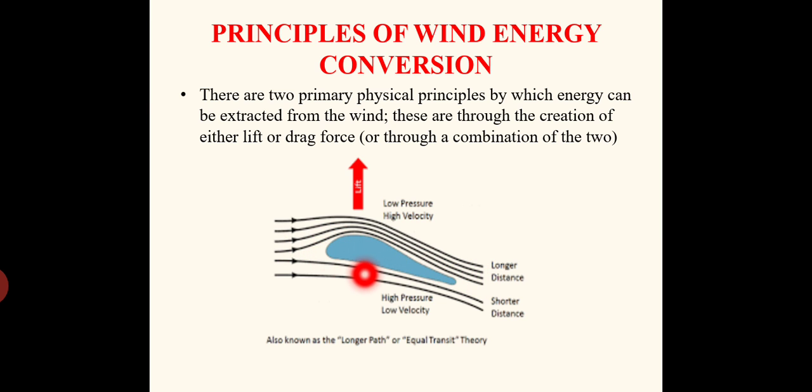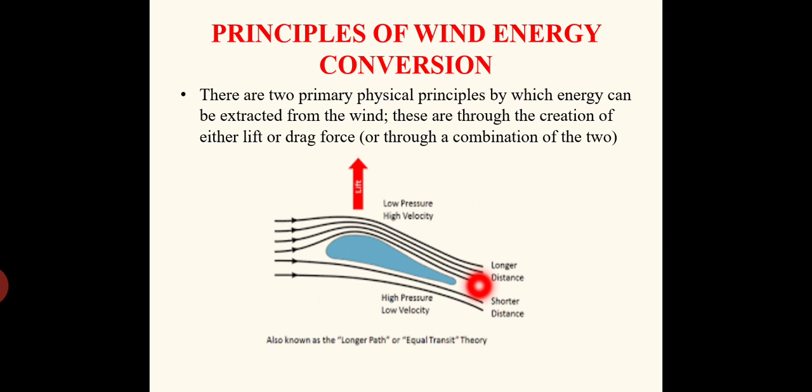At the lower part, the particle has to traverse a lesser distance, whereas at the higher part there will always be a longer path for the fluid to cover. So the fluid passing above the surface will have to cover more distance than the fluid passing through the lower part. Finally they merge together at the tail end. All the fluid will be joining together.